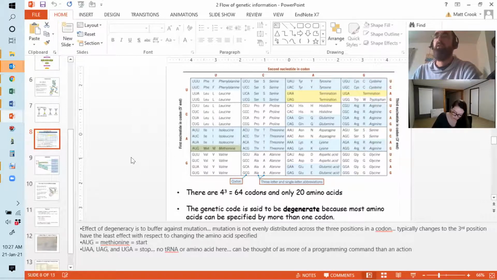There are a few codons which are kind of single purpose codons in a sense. One of them is methionine, right? This is the start codon, and only an AUG will give you a methionine. And I think there's actually another one. Tryptophan is another one, which is kind of weird.